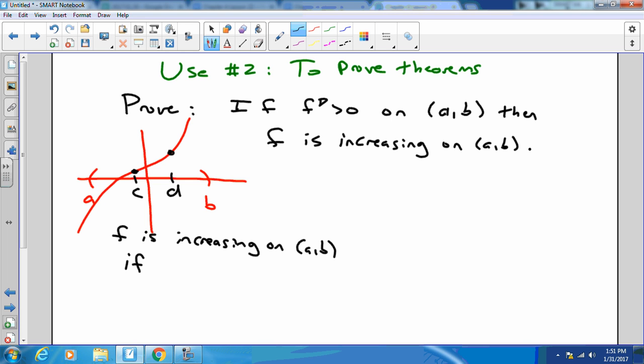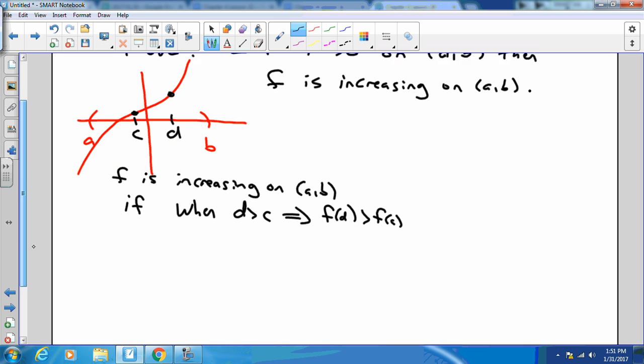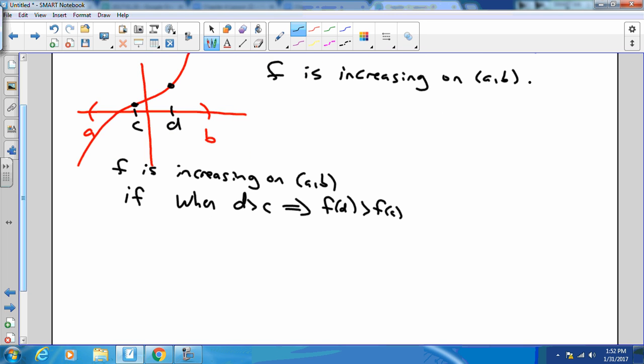To be increasing means that if d is bigger than c, then f of d is also bigger than f of c. Does everybody see that this is a good basic definition of increasing?